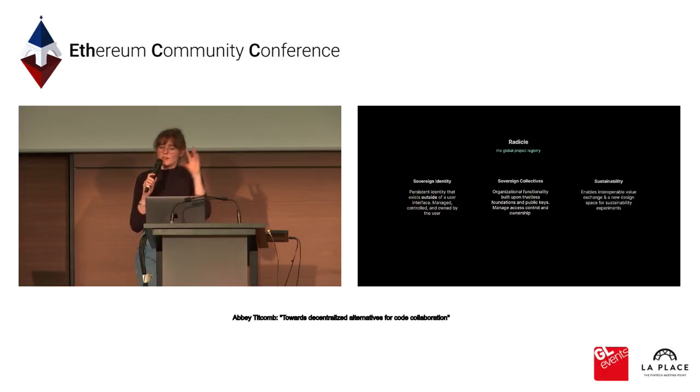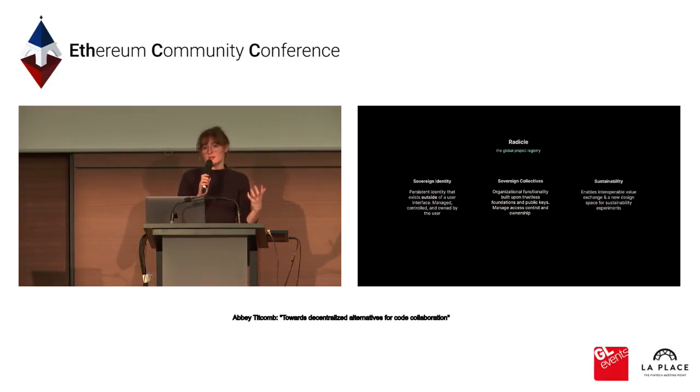And so by introducing value exchange, direct borderless peer-to-peer value exchange, you completely open up what it means to support commons-based peer production in free and open source software development. And that's a really, really strong value prop that we're heavily exploring with the introduction of this global project registry: what does sustainability look like in Radical and how can we support it?